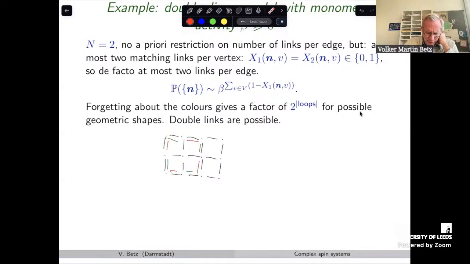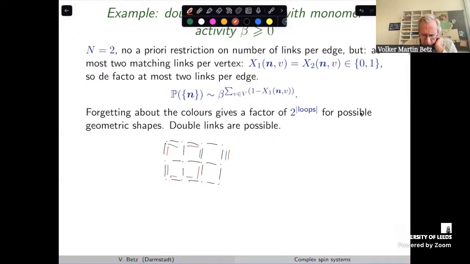But what I can also do is I can have a green edge here. Oops. Can have a green edge here and a red edge on top of it. So that's allowed because I just allow one link of each color, but I can have two links of different colors. So that's perfectly allowed.